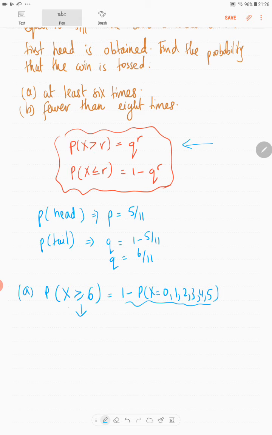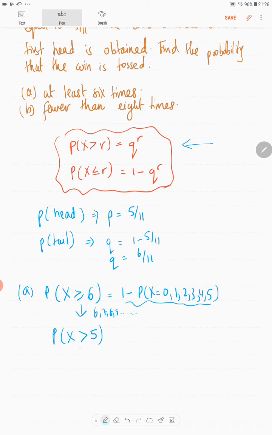So instead of writing probability X greater or equal to 6, we can write it as probability X greater than 5. These two are the same because if we are taking greater or equal to 6, this means we must take values 6, 7, 8, 9.